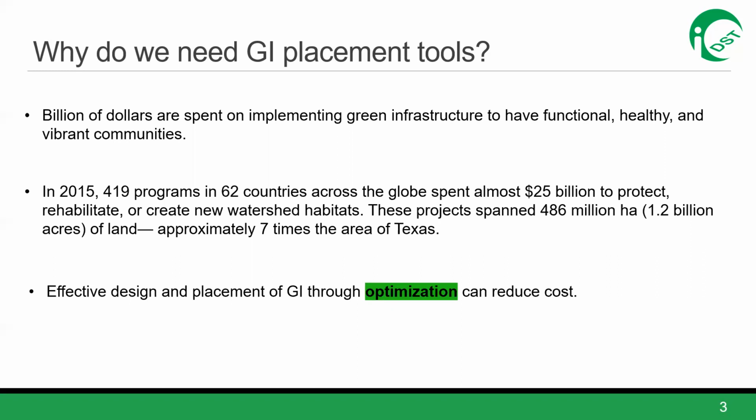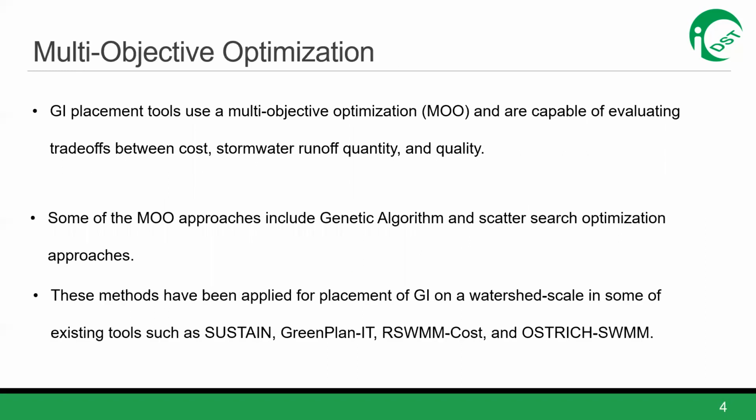We need effective design and placement of GI through optimization. Usually green infrastructure placement tools use multi-objective optimization that is capable of evaluating trade-offs between cost, stormwater runoff quantity, and quality.